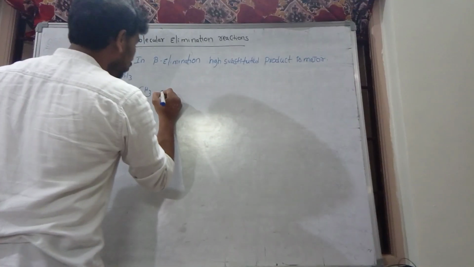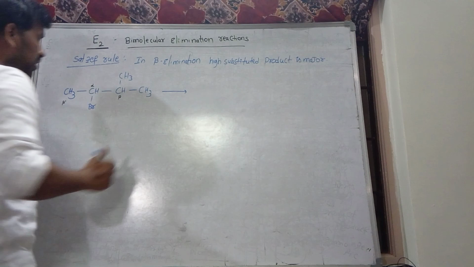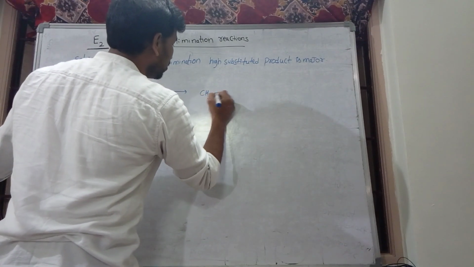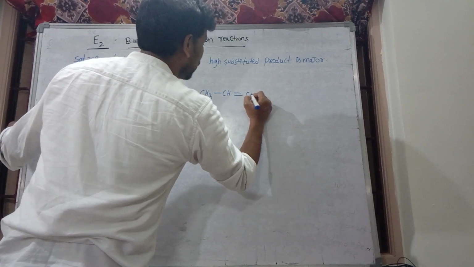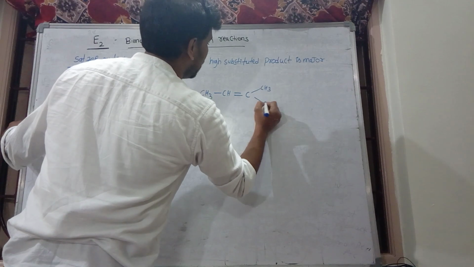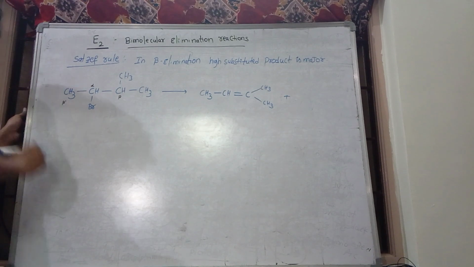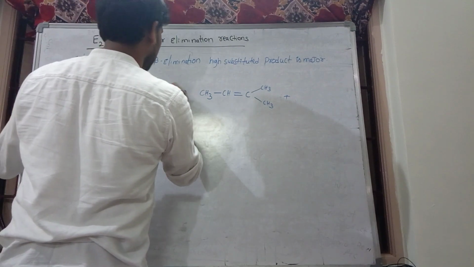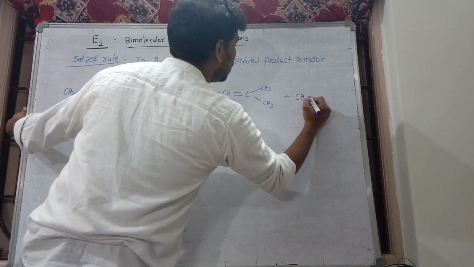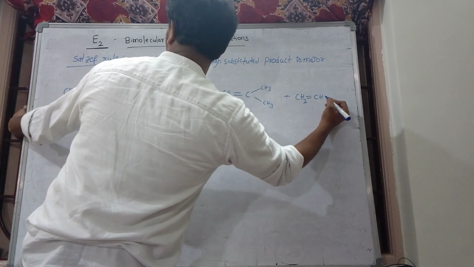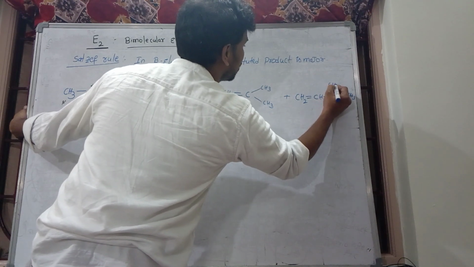So now two products are possible. If hydrogen is eliminated from here, then the product is CH3CH double bond C(CH3)CH3, plus if the hydrogen is eliminated from here, CH2 double bond CH-CH(CH3)CH3.